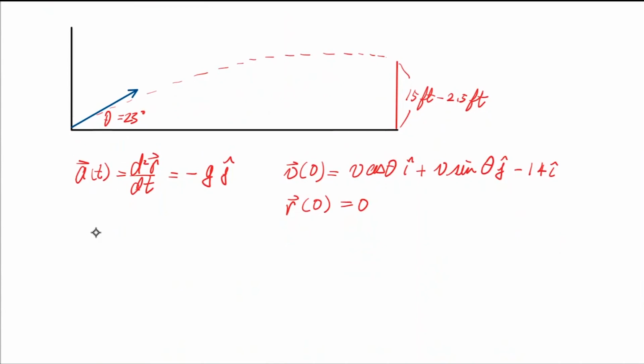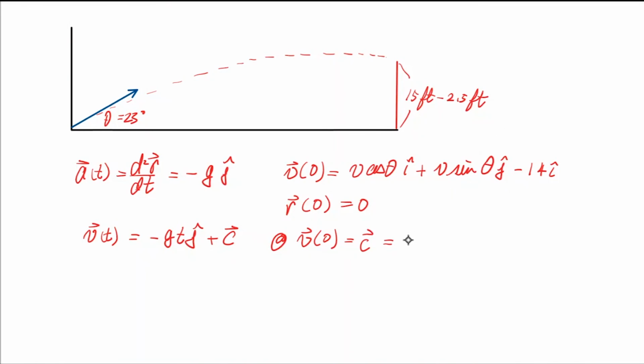If we take the antiderivative, then you get v, and that is negative g t j vector plus C vector, right? So if you take the initial condition at v at 0, you get 0 here, so you get just C vector, but that has to be this thingy, right?